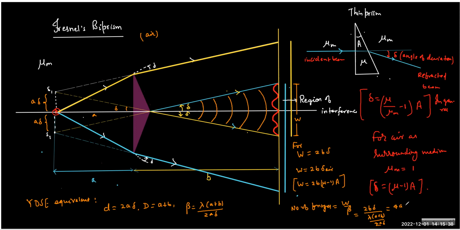So it is 4ab delta square by lambda (a plus b). You can substitute delta square as and when required. Okay, so these are the questions that will come across.